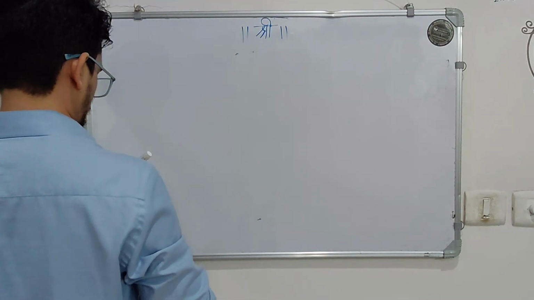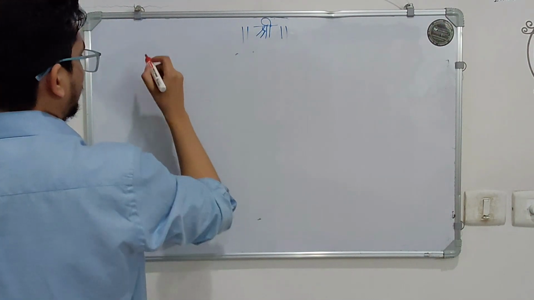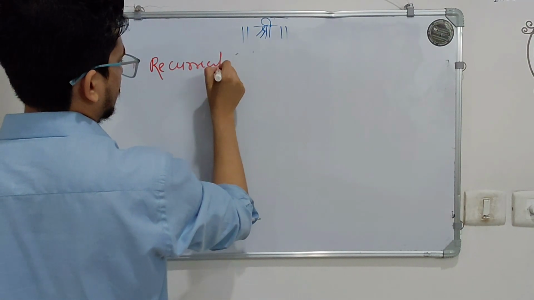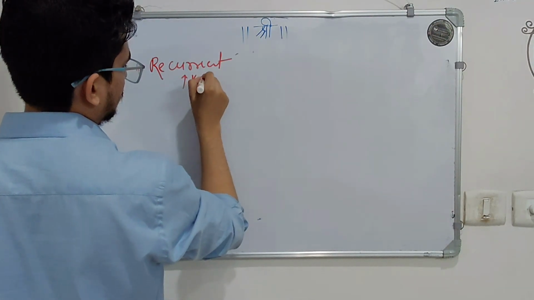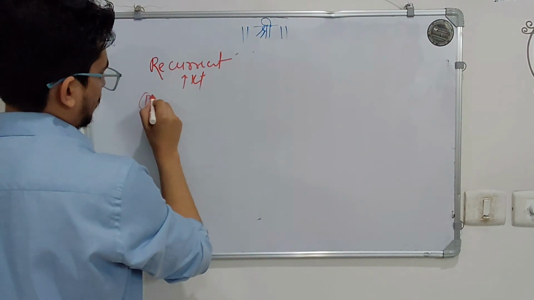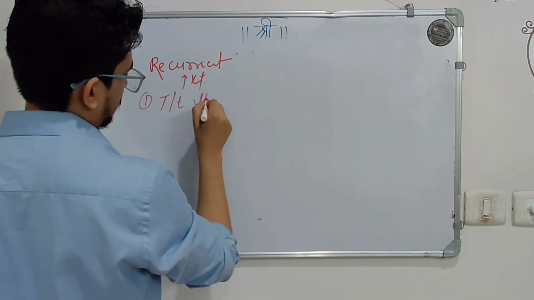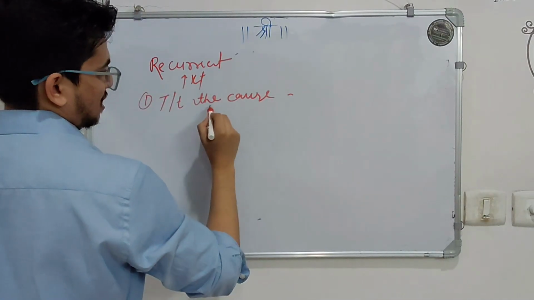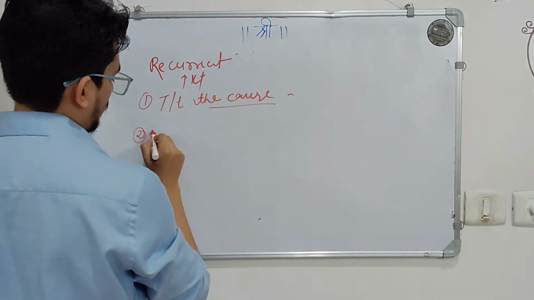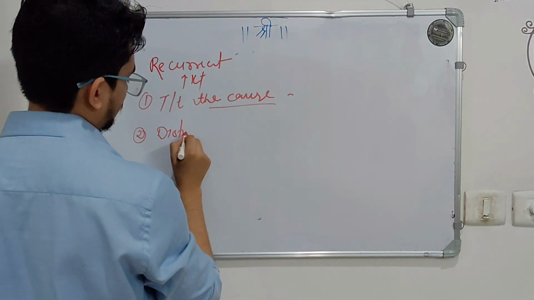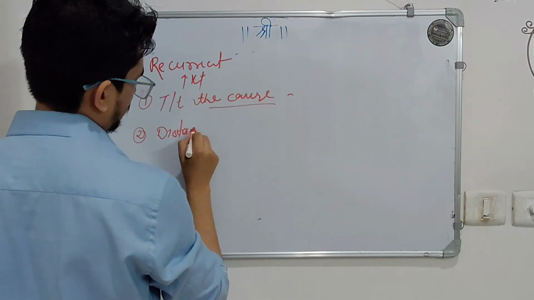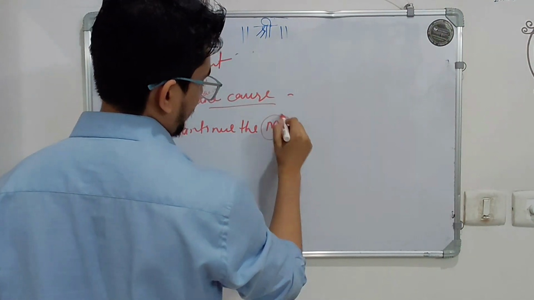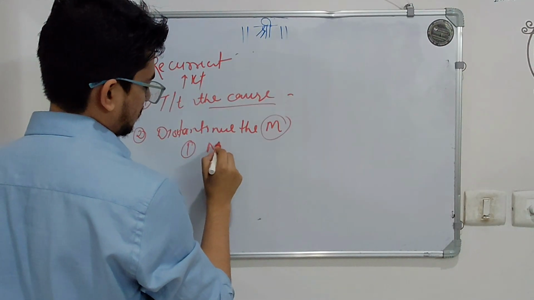First, you treat the cause. Next, discontinue the medication which causes hyperkalemia, for example, NSAIDs.